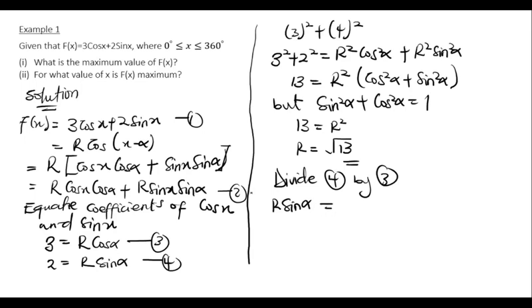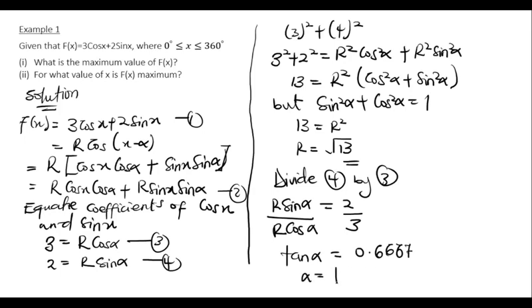So we have here r sine alpha is equal to 2. Then we divide it by r cos alpha, and that is equal to 3. So it means the r will cancel out, and then sine alpha over cos alpha will now give us tan alpha is equal to 2 over 3, which is 0.6667.